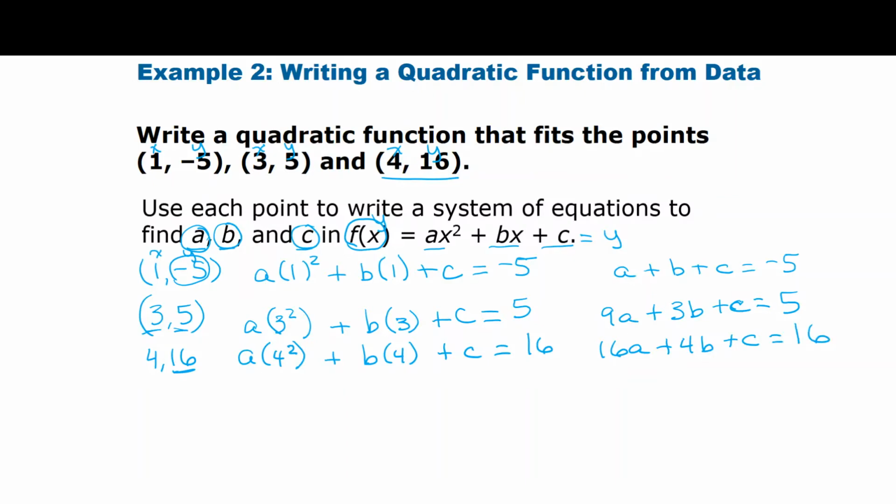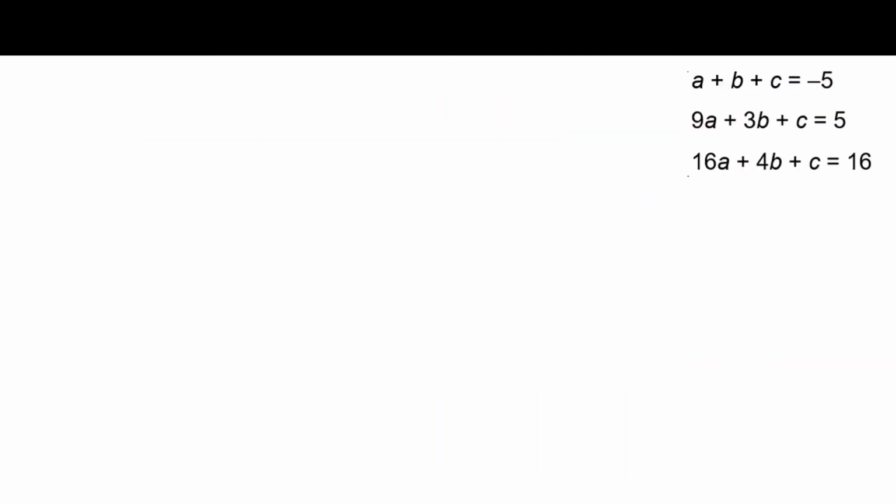Now we have 3 different variables, and we have 3 equations. We're going to do a little substitution and elimination and figure out what those 3 variables are. Now that we have our 3 equations, we can solve for our 3 variables. But let's remember what our goal is.